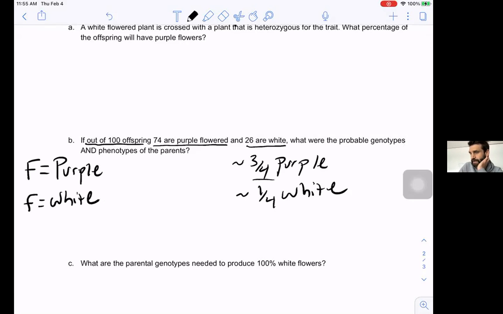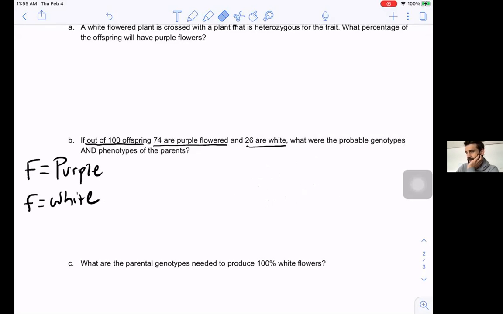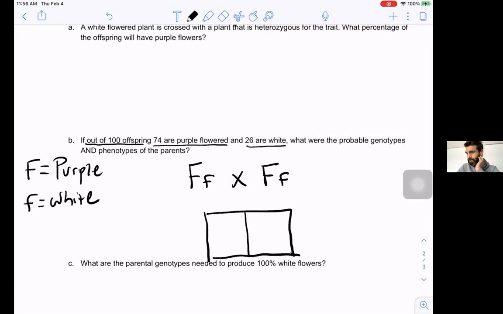And this 3/4 to 1/4 reminds me of 2 heterozygotes crossed together. And you can try all the other combinations and you'll see that they wouldn't really give you that. They're not the most likely ones to give you this combination.